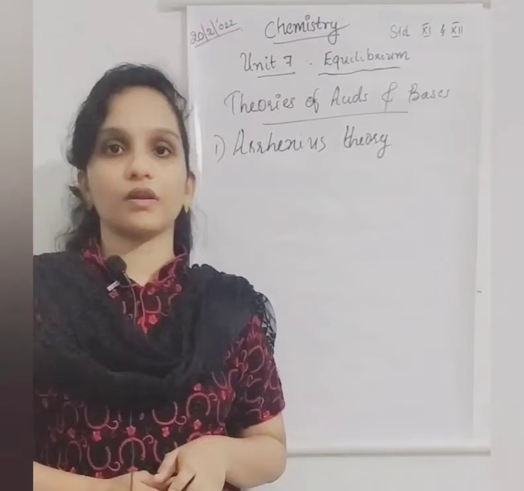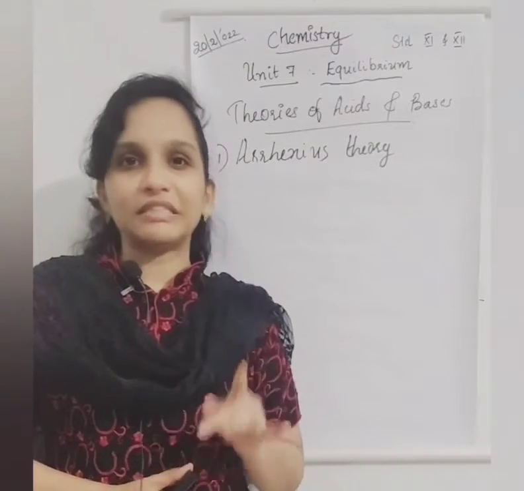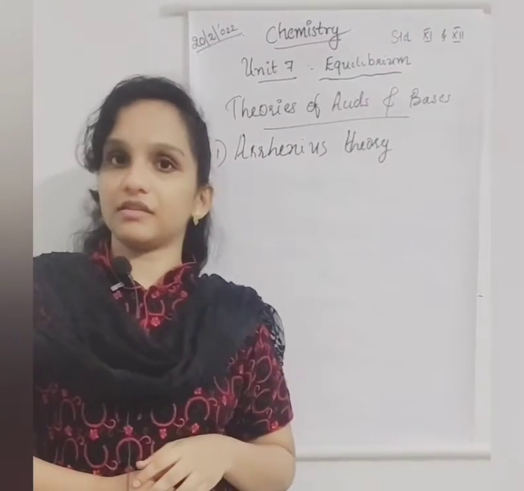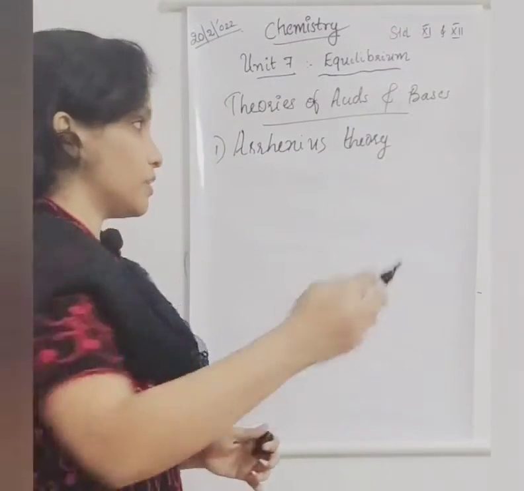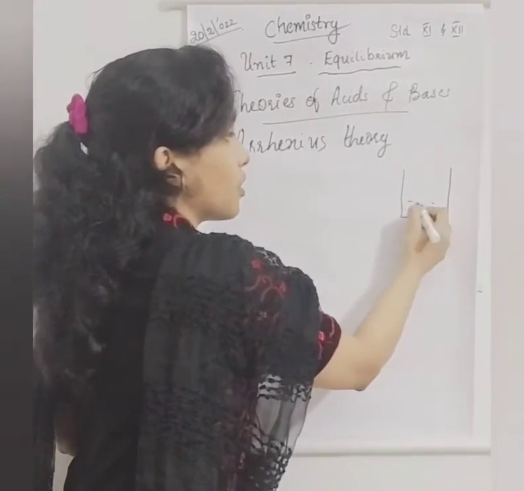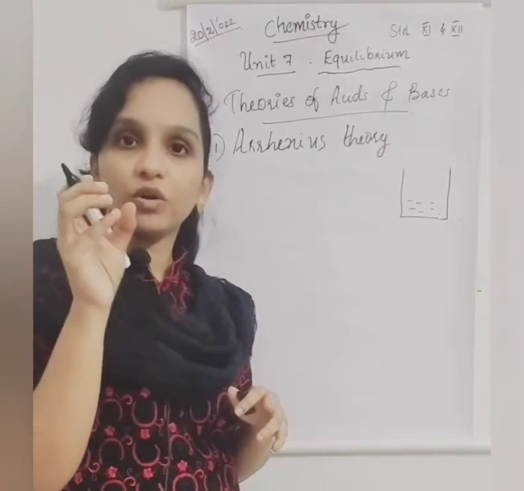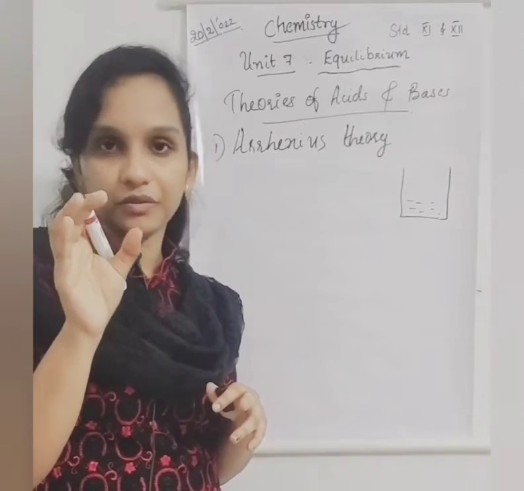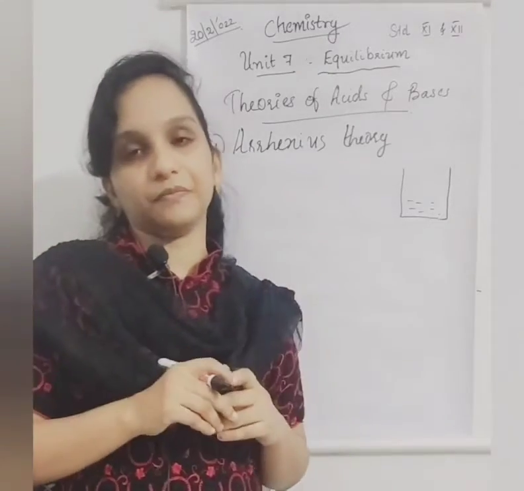So what is Arrhenius theory? There is one condition for this theory, that is the molecule should be dissolved in water. If you are taking a beaker, there is water in that. Now let's see what Arrhenius theory says about acid.